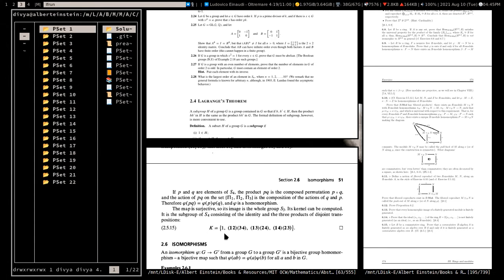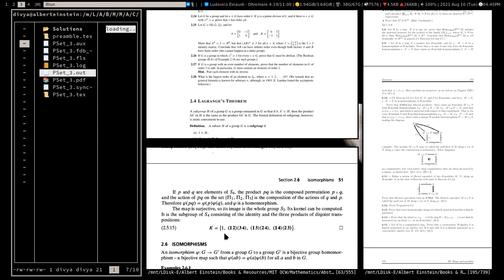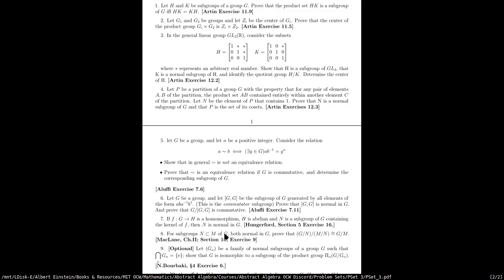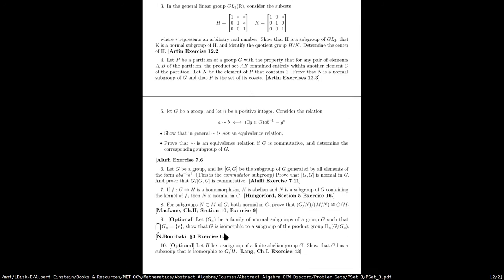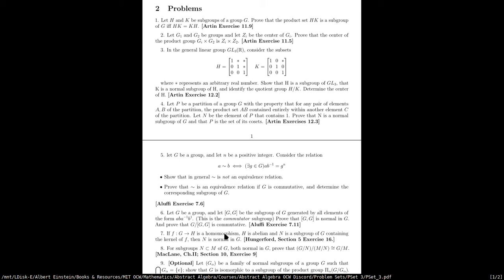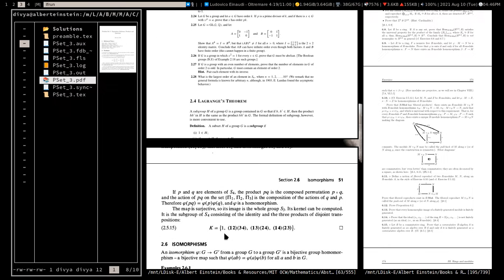Let me look at the p sets. P set 3, I believe. Then maybe p set 4. P set 4 was on rings.